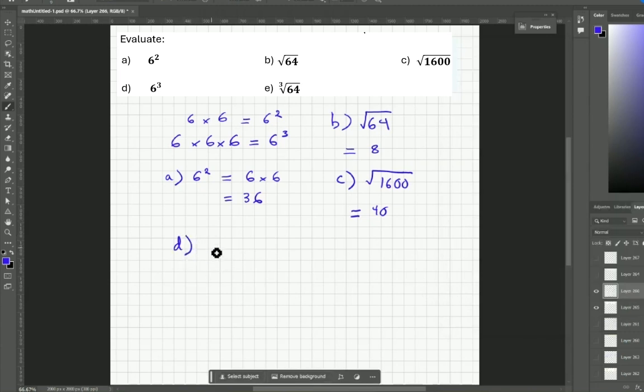Alright, look at D, 6 to the power of 3, which is 6 times 6 times 6, 36 times 6.